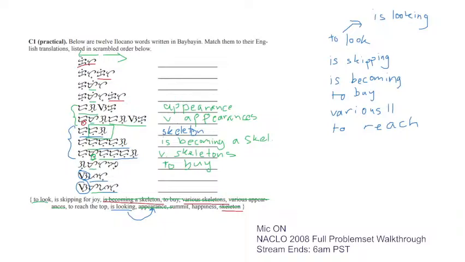We'll see if they're actually similar when we check our answers, but this could be to look, and then this could be is looking, or having the appearance of. And then since this is in common, we can do appearance.